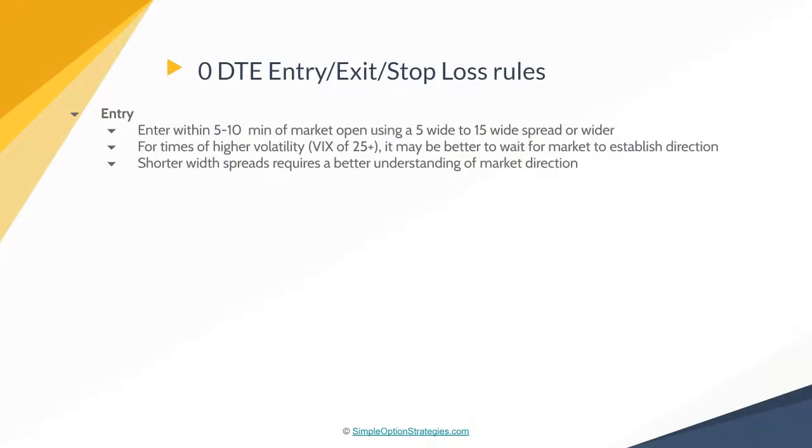And that increases risk, right? The closer you are to the market, based on the expected range of the market, you're going to be at higher risk when you're trading shorter width spreads. So my recommendation is that the wider that you can go, the better.